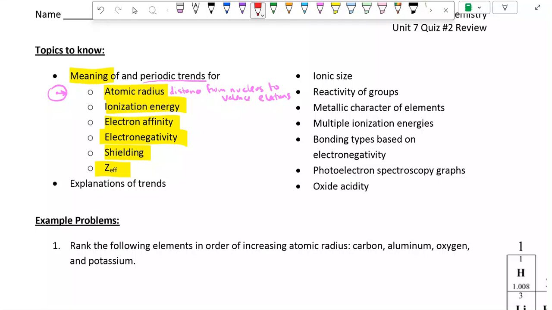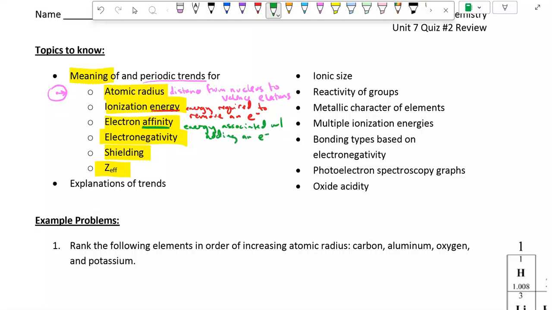Okay, ionization energy is an energy, how much effort do you have to put in to remove an electron? So it's the energy required to remove an electron. Okay, electron affinity, affinity means a liking for. So it is also an energy, but it's the energy associated with adding an electron.